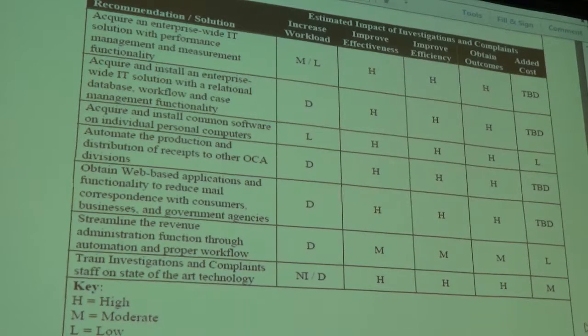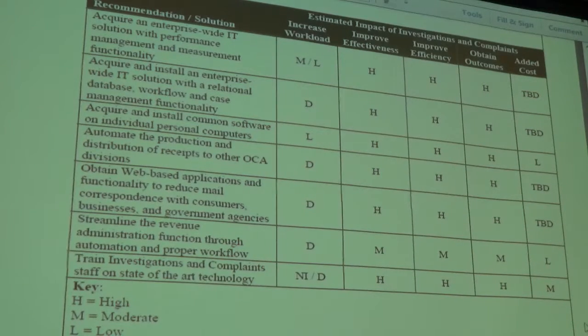So going through the whole process mapping activity helps us to identify where workload will be impacted, how it will be impacted, will it be increased or decreased, how the program changes will then affect the organization, the effectiveness of the division, would it have a high, moderate, or low impact on efficiency? And would it help the organization obtain its outcomes?